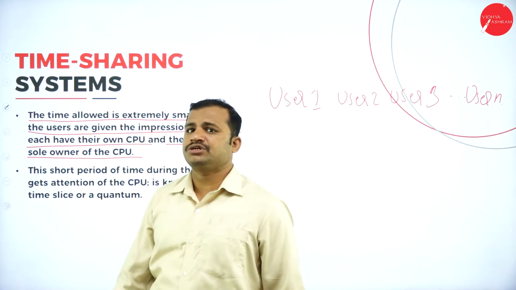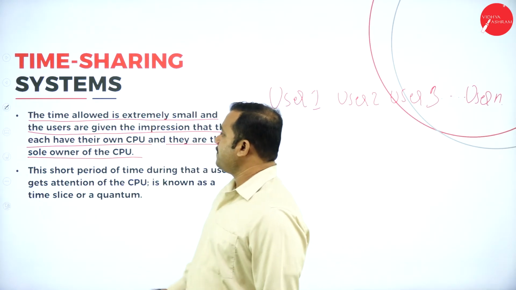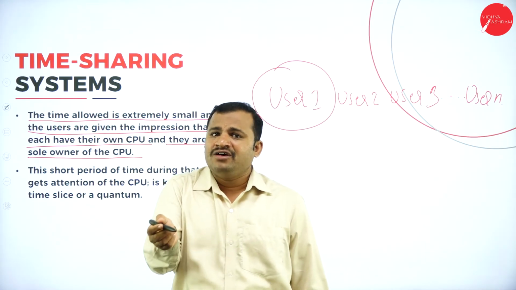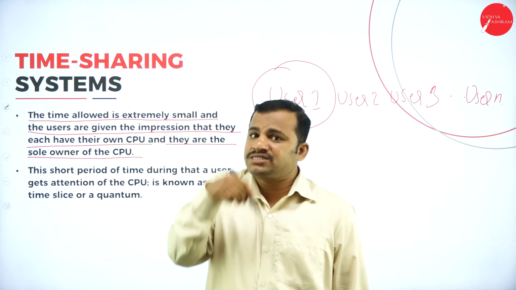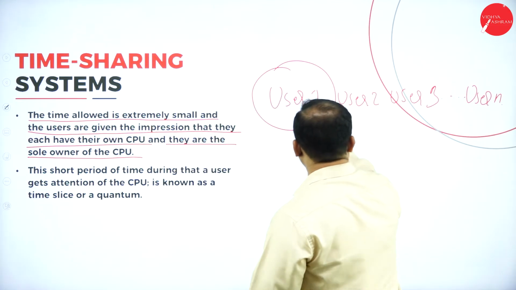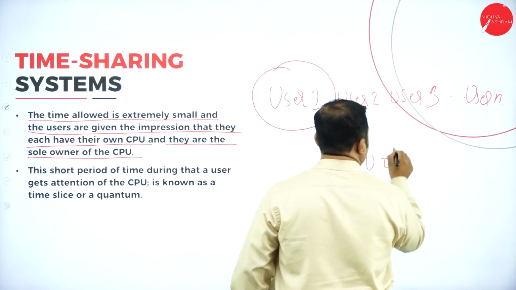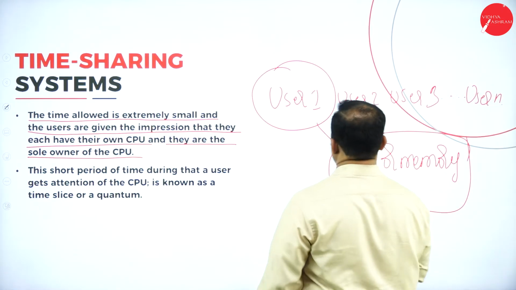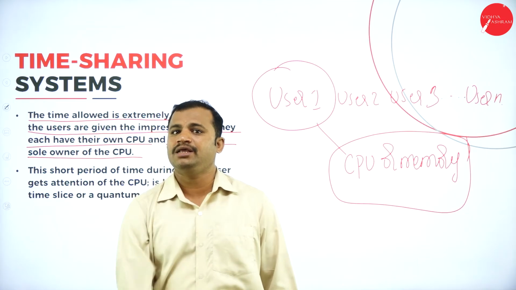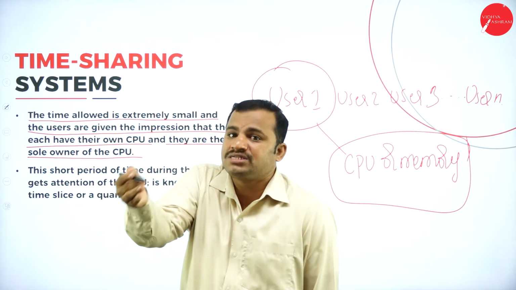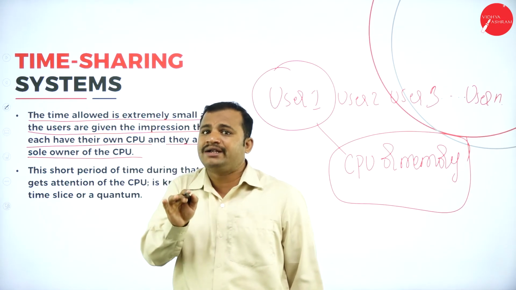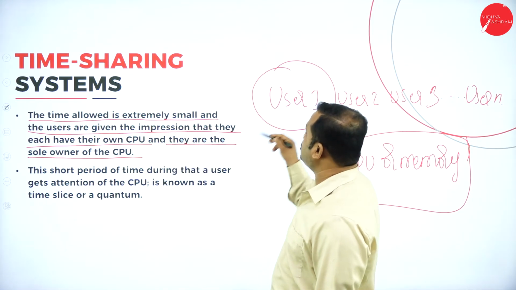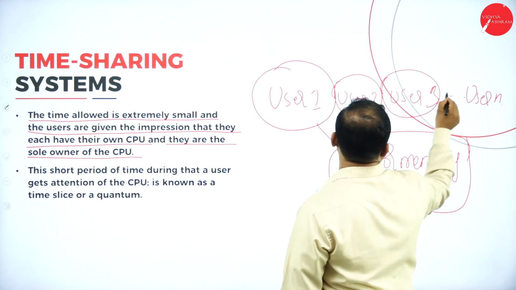If all these users are using this, then each of these users feels that they have their own resources, as if they are using the resources individually. That is, either CPU or memory is going to be utilized by these systems efficiently. That is the meaning of this. They feel that the resources of the systems are allocated to them. That is the feeling they have when the time is shared among multiple users.